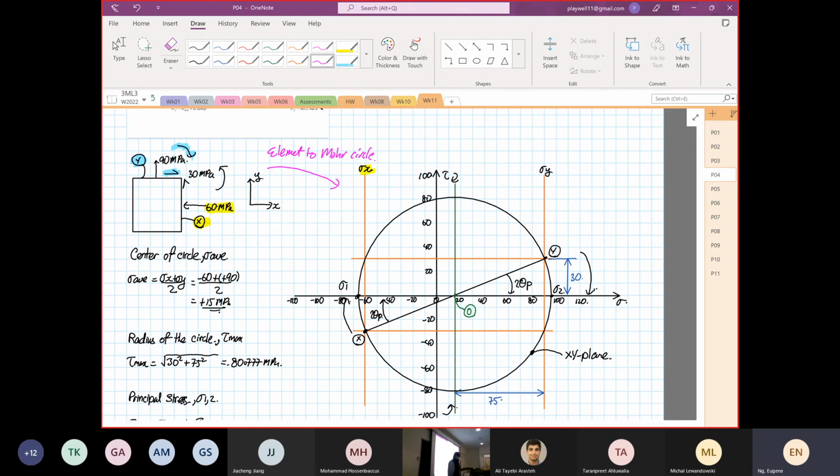When we come back from the break, we are going to transfer the information from the Mohr circle to the element. Because the element is the real world. Mohr circle is the analysis. So now we know where the principal planes are. We have to bring it back to the real world. Okay. Go for a break.